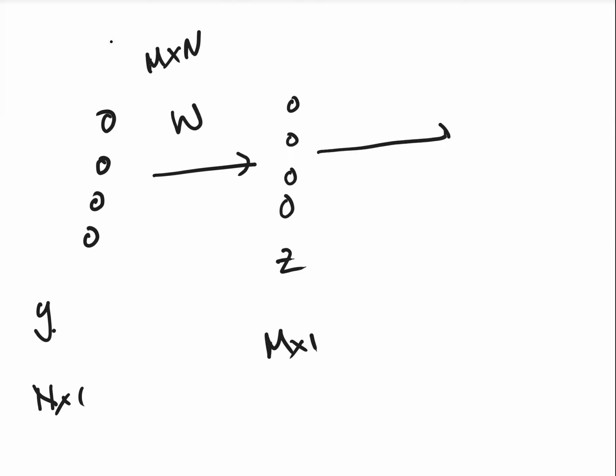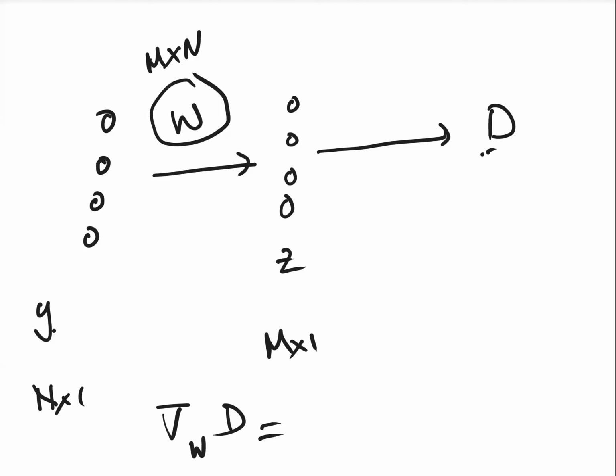And so now all of these z's eventually influence your divergence for the layer when you're training, where the divergence is a scalar. So therefore, if I take the derivative of the divergence with respect to this W, what is the formula now, using the form of what we just saw?